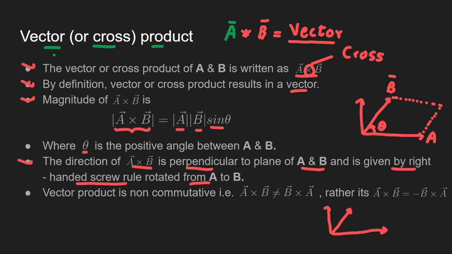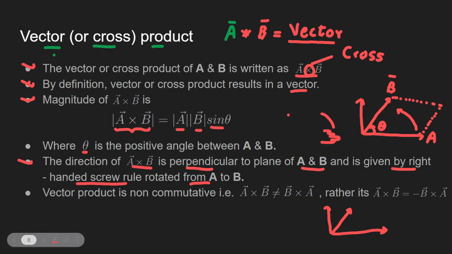We take our right hand and stretch the palm and fingers in the direction of A, and curl the fingers, meaning rotate the fingers towards B. The thumb will remain, and that thumb will point in a direction, whether outward, inward, up, down, whatever. That thumb shows the direction of A cross B.